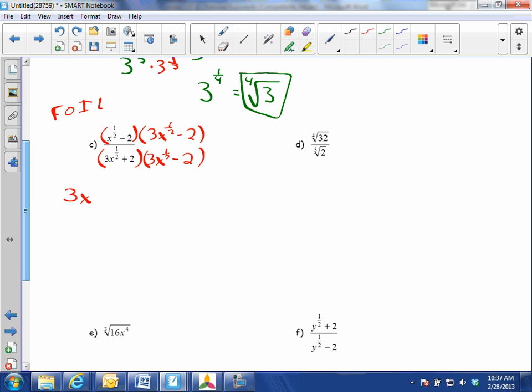I'm a terrible speller and I never remembered how to spell FOIL because I can never remember if the I comes first or the O comes first. So outside and inside, it doesn't matter what order you go anyway. I know, which is good because otherwise I'd have spelled boy. I am terrible at spelling, and in middle school it was even worse. I've gotten better, believe it or not. Scrabble was the worst thing ever.